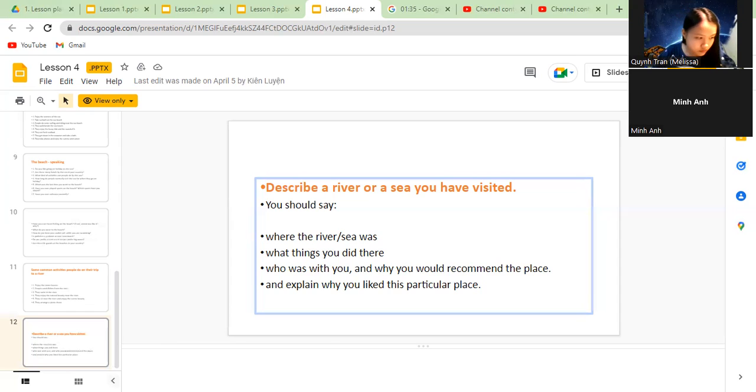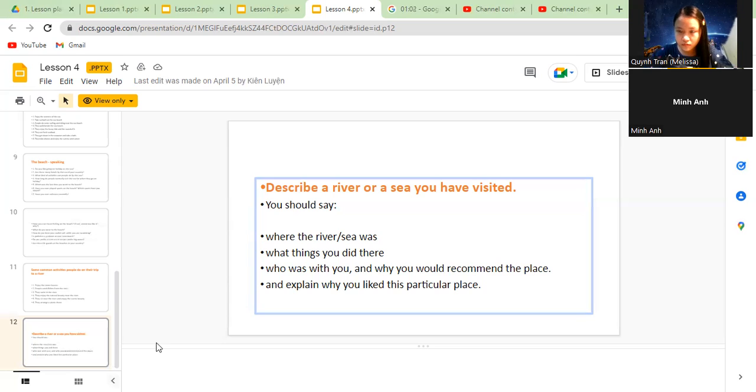It is the river that is near Hoàng Diệu, and it is considered the longest river in my hometown. It is a public place, so anybody can visit it.